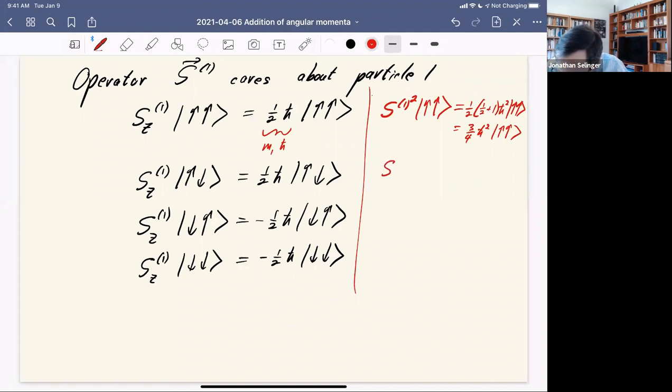And likewise, S1 squared acting on up, down is 3/4 h bar squared times up, down. And the same for the other two.